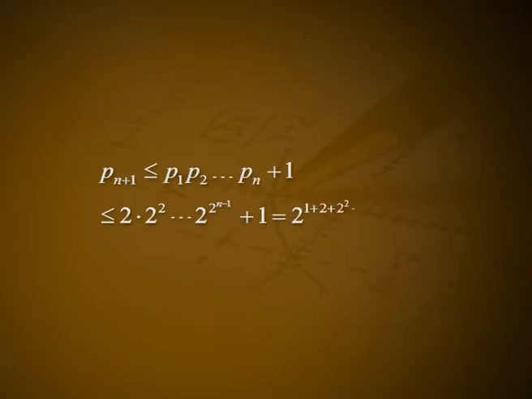Then P(n+1) ≤ P1·P2·…·Pn + 1 ≤ 2·2²·…·2^(2^(n-1)) + 1 = 2^(1+2+2²+…+2^(n-1)) + 1.